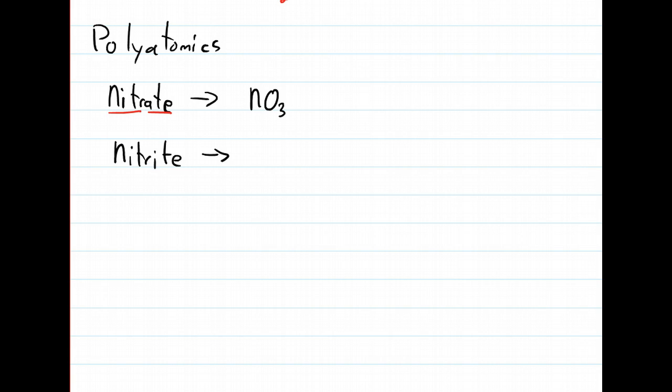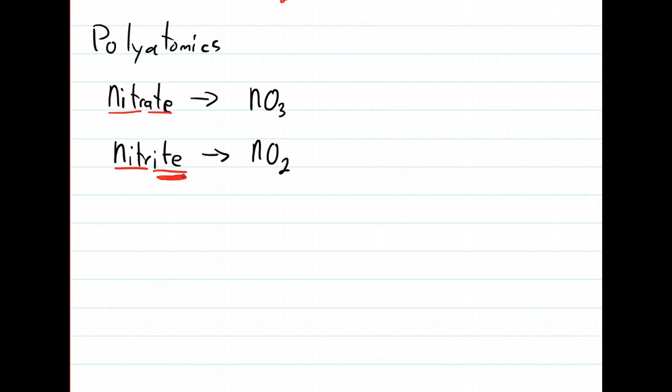And so we also have another polyatomic that's very similar, which is nitrite. Right? So again, we have the same nitra at the beginning, but now we have ite, I-T-E. So does anybody have written down what the compound for nitrite is? Yeah, it's NO2. Okay, so based on just this, we have nitrate, which is NO3. We have nitrite, which is NO2. So what can we say about this ite, I-T-E?